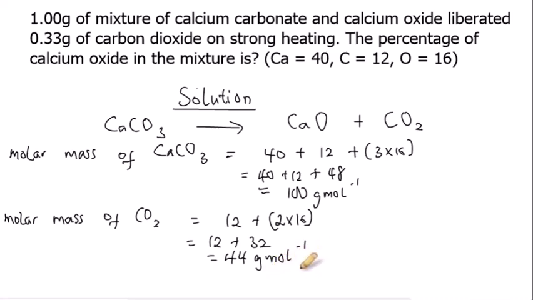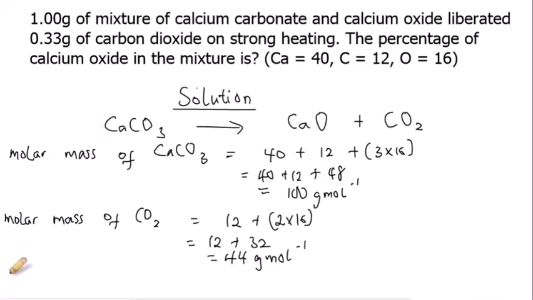Based on the equation above, 1 mole of calcium carbonate yields 1 mole of calcium oxide and 1 mole of carbon dioxide. So the reacting mass will be the number of moles multiplied by the molar mass.